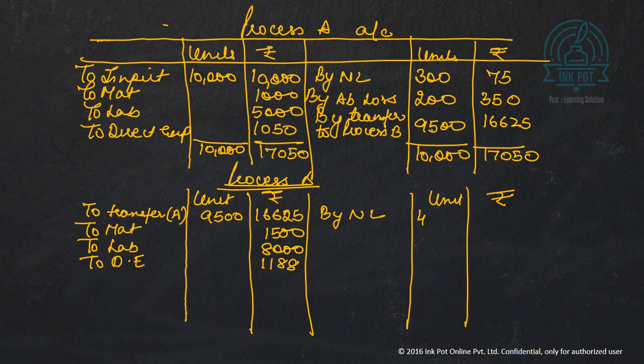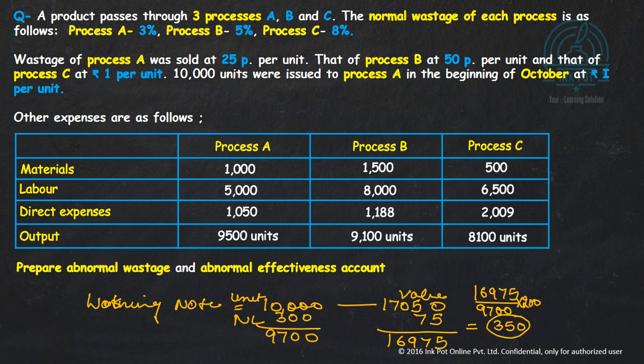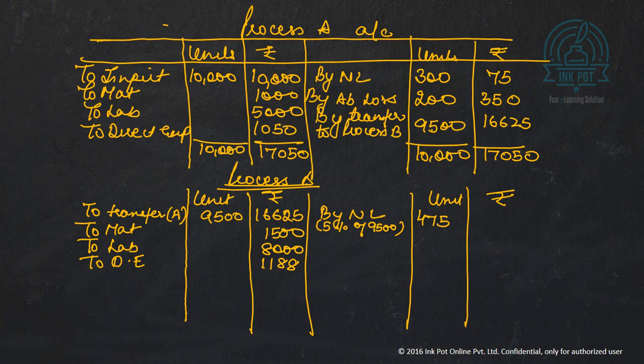And the value, let me check, the value of wastage in process B is 50 paisa, so 0.50. 475 into 0.50 is 237.5 approximately. So I'm writing here 238, right?